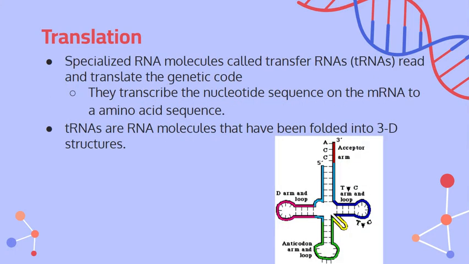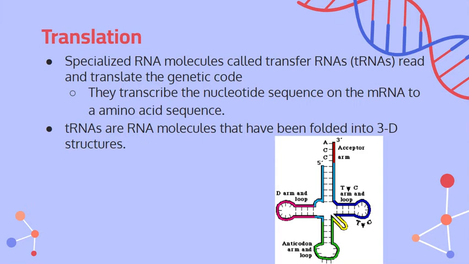So, to do translation, this is just a quick reminder from biology. Specialized RNA molecules called transfer RNA, or tRNA, read and translate the genetic code. So it takes mRNA and changes the language into those amino acids. They translate the nucleotide sequence on the mRNA to the amino acid sequence.